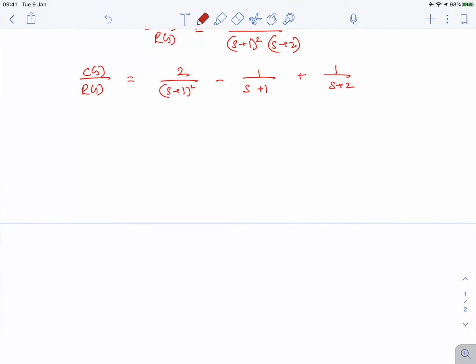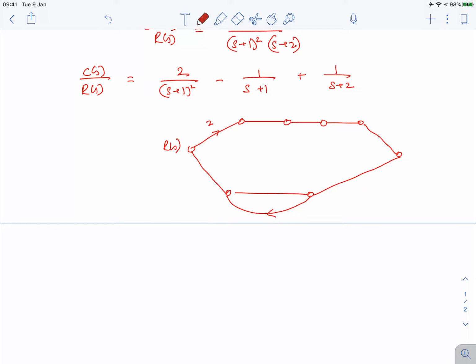And if I draw the signal flow diagram, I would obtain, starting with R of s, here the gain 2, and here we would have the integrators in the forward path where we would be closing the loop. So this is the signal flow graph I would obtain for this transfer function.